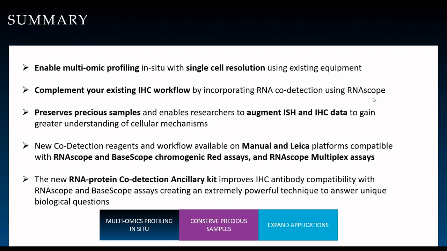Since we allow for the flexibility to perform this either manually or on Leica, you can do this with either of the platforms and any of these assays mentioned here. So by allowing and optimizing this co-detection workflow, we really hope that we can enable expanding research in different application areas.